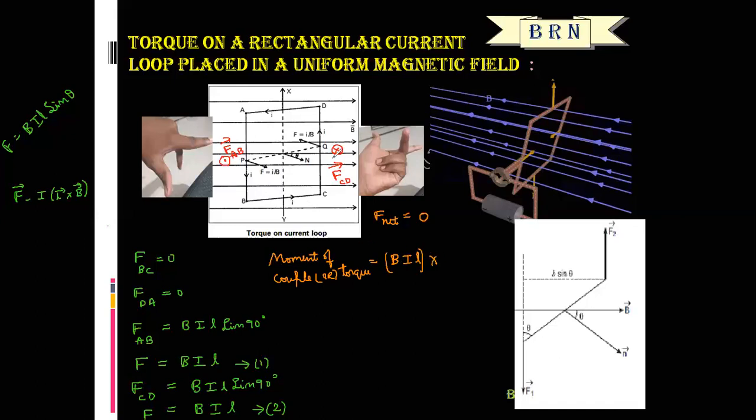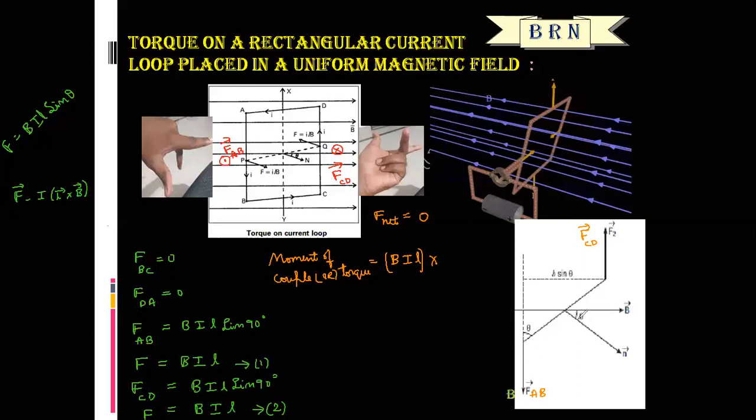The perpendicular distance between two forces can be calculated by using this diagram. So this is the F1 vector, normally outwards. F1 vector means this is the FAB vector. And this is FCD, which is normally inwards. This one is normally outwards.